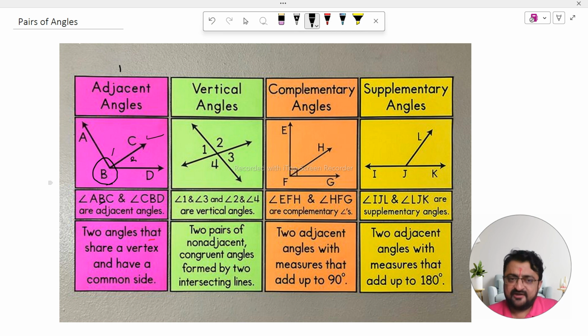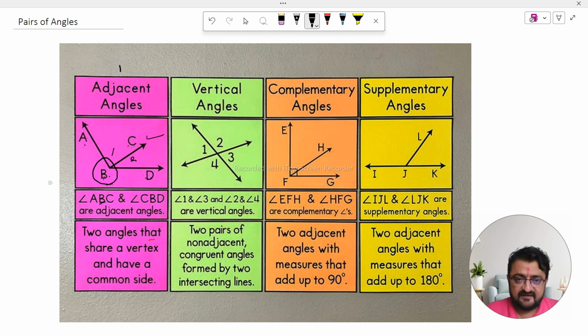If I add them, which angle will I get? Yes, angle ABD. Now repeat with me: angle ABD is equal to angle ABC plus angle CBD. I hope you got it properly.